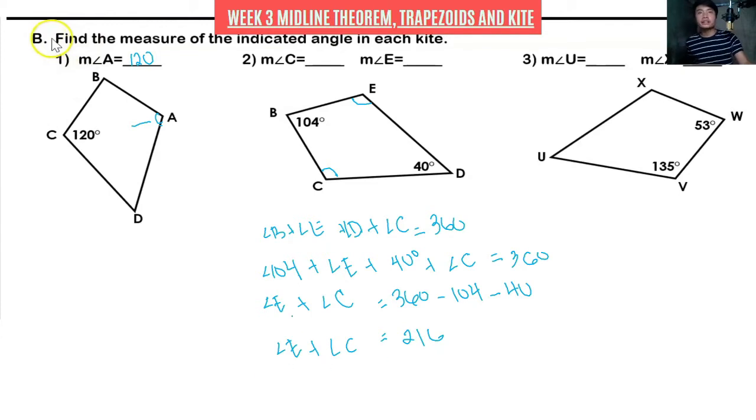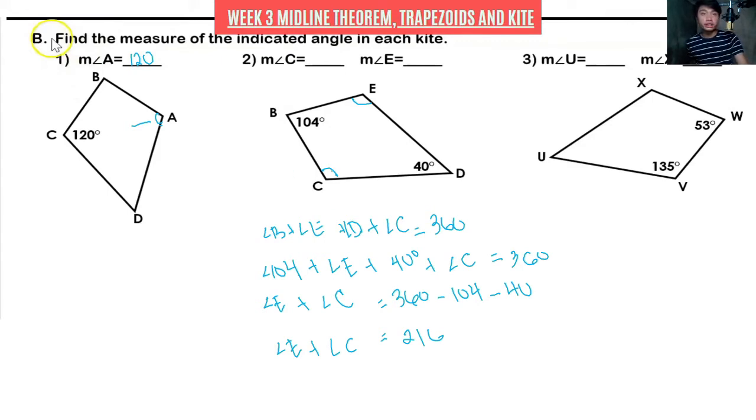Hindi pa. Kasi ang hinahanap natin dalawa, angle C and angle E. Pero kagaya nung kanina, tignan nyo yung figure, ano ang relationship angle C kay angle E? They are opposite angles na congruent. Sila yung hinahanap na opposite angle na congruent.